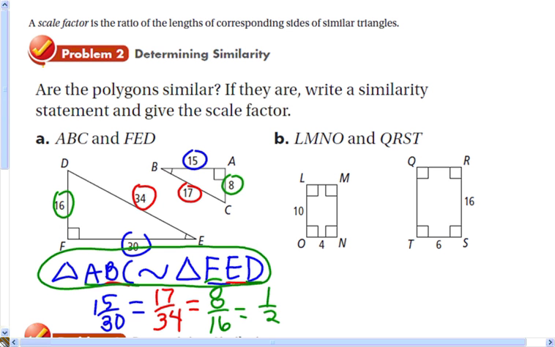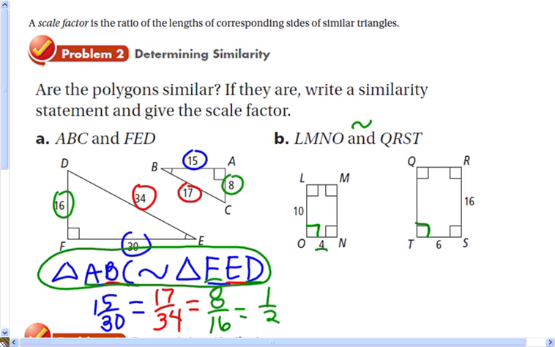All right? So on these two rectangles, doing the same thing, we can see that the corresponding angles are congruent because they're all 90 degrees, so we're good there. And as they're oriented, what we're looking for is LMNO similar to QRST. So let's check the ratios of corresponding sides.